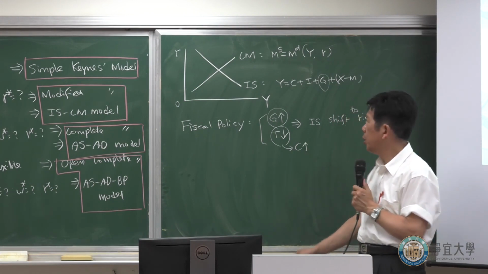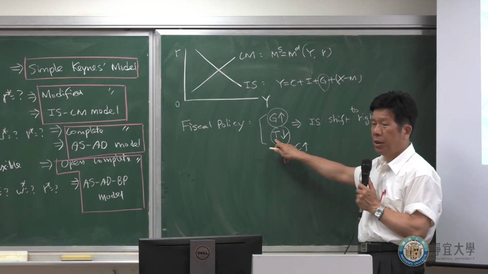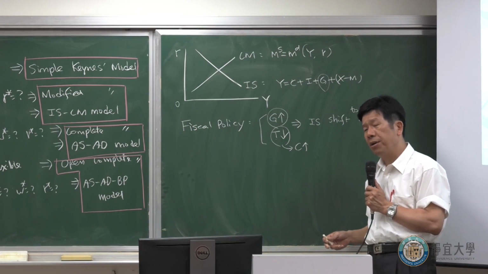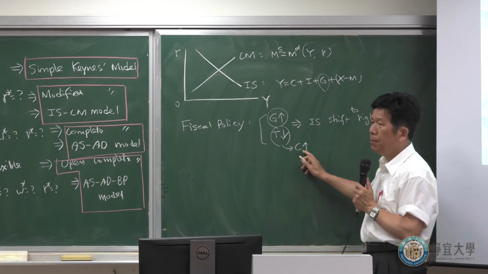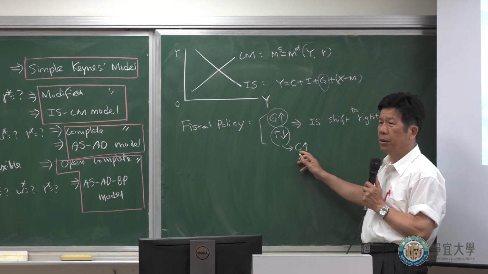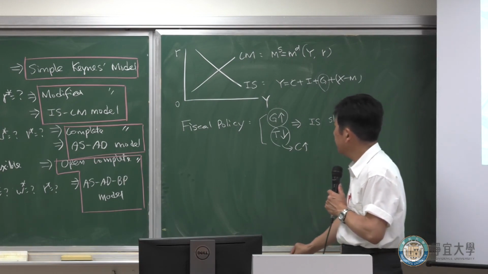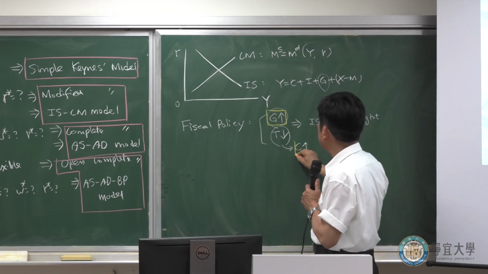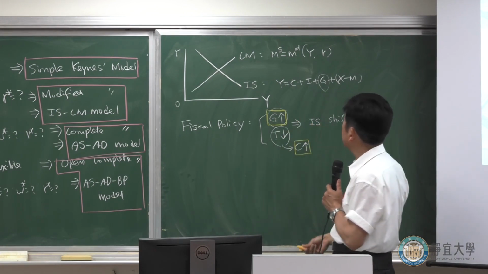If the government decreases the tax, then disposable income will increase, and people have more ability to do consumption. So you can check, if we let Z increase, we can let C increase.